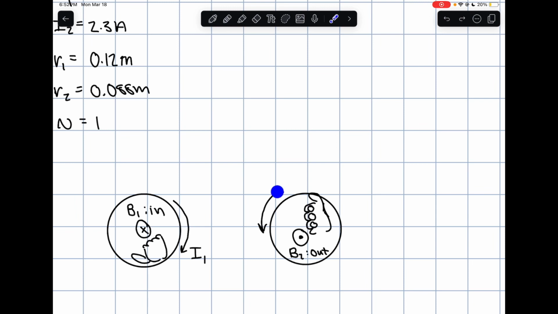Similarly for I2, it's going in a counterclockwise direction, so we once again use the right-hand rule, put our thumb in the direction of the current, and our fingers should be pointing out of the page. So the direction of B1 should be inwards or into the page, and the direction of B2 should be outwards or out of the page.